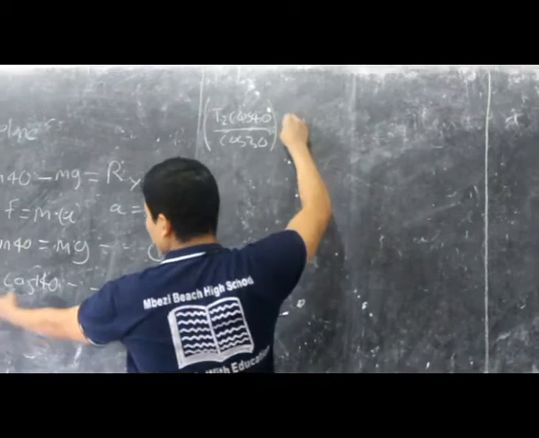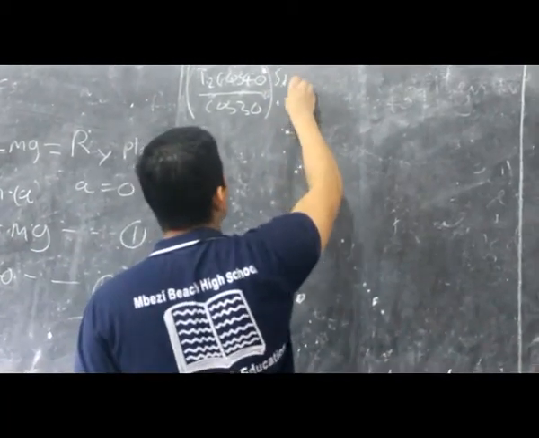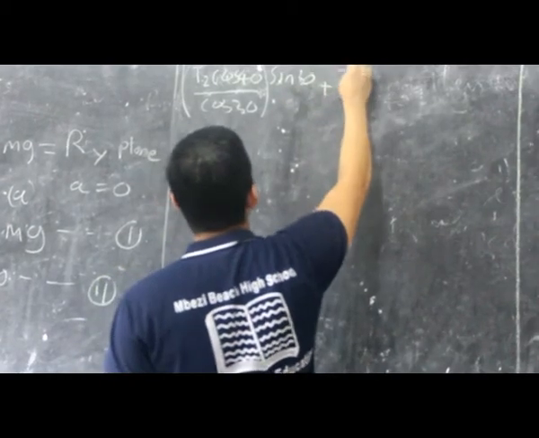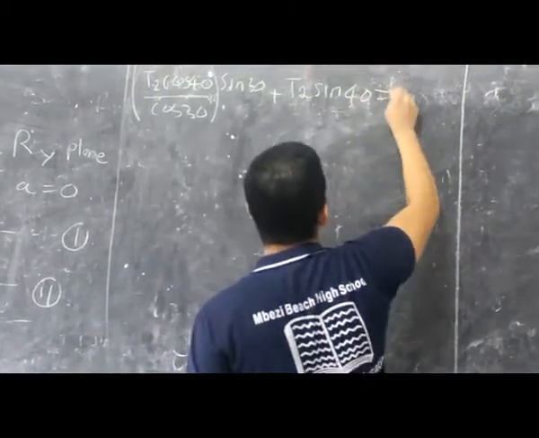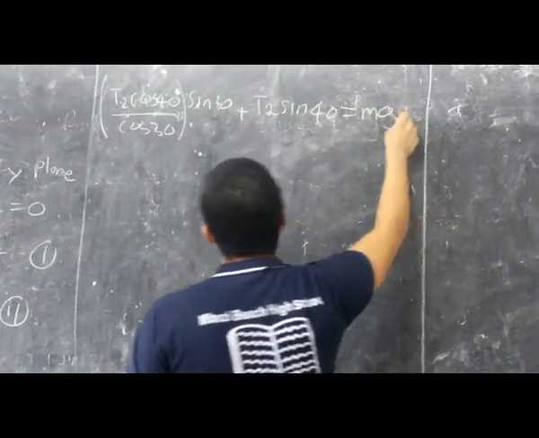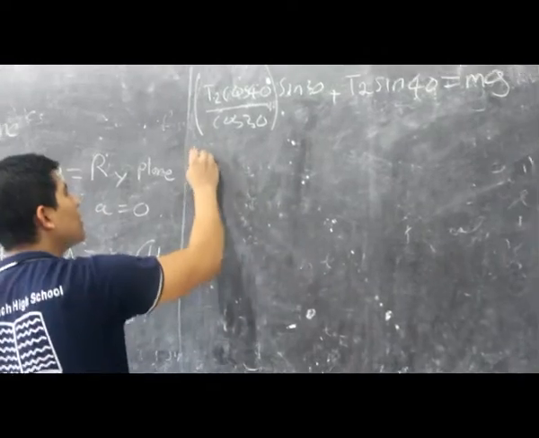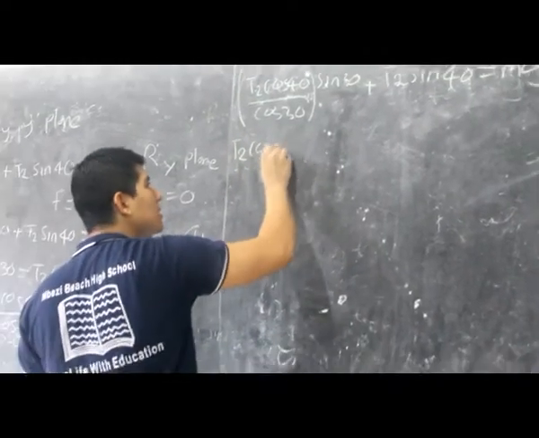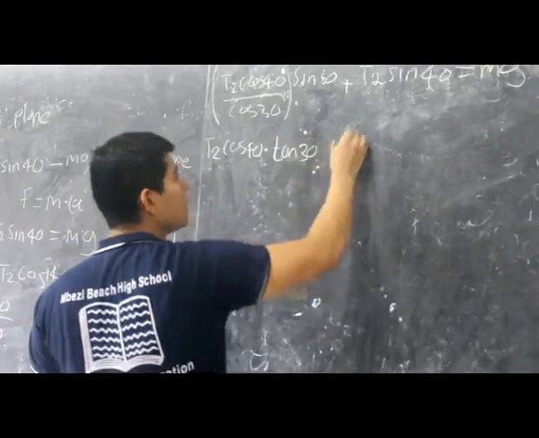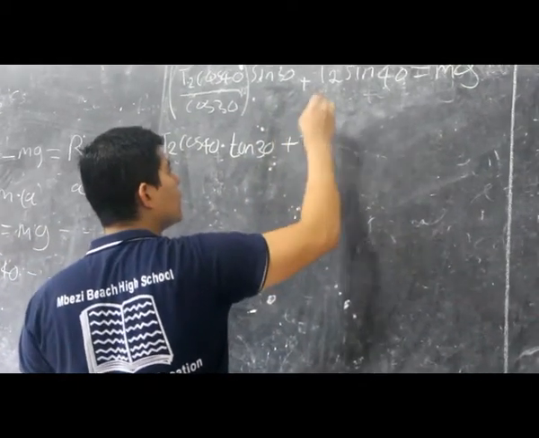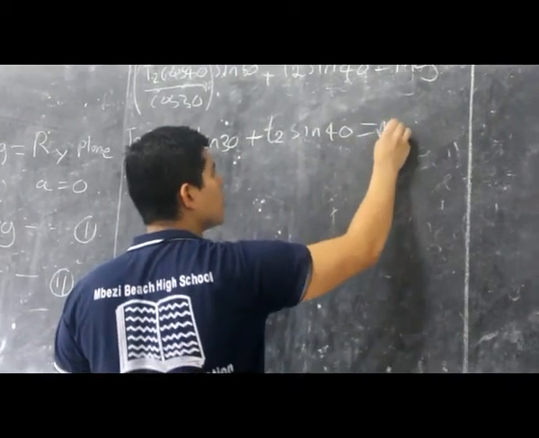Now I multiply by sine of 30, plus T2 sine of 40 is equal to mg. We look at sine of 30 over cos of 30, which becomes tan of 30. So my T2 cos of 40 times tan of 30 plus T2 sine of 40 is equal to mg.